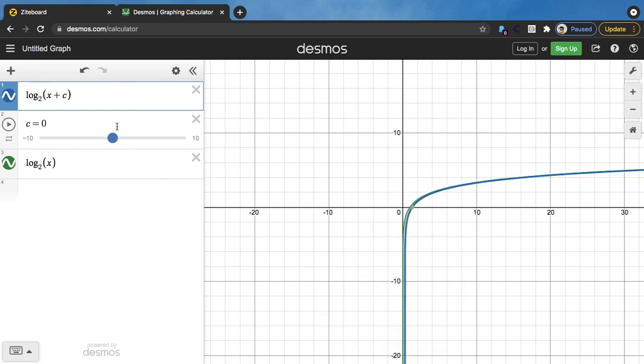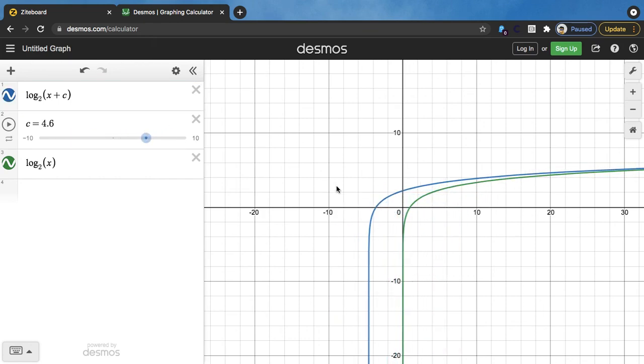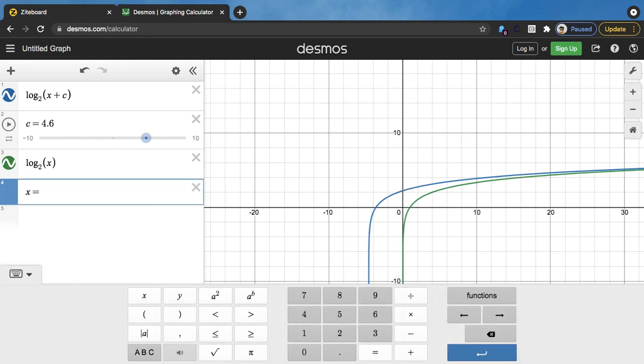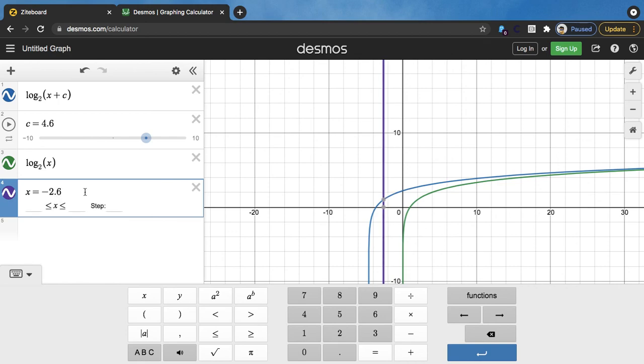Well, what is happening is it is changing the vertical asymptote for my function. So x equal to minus 4.6 is the vertical asymptote.